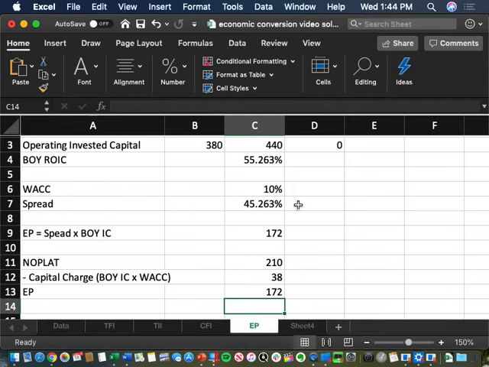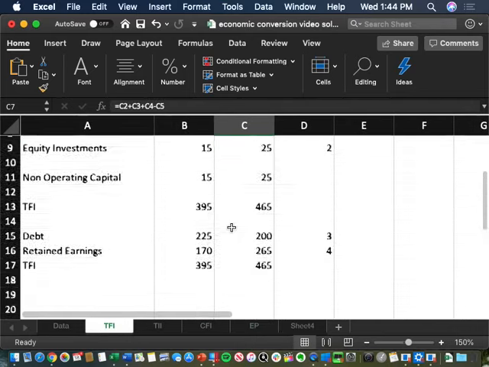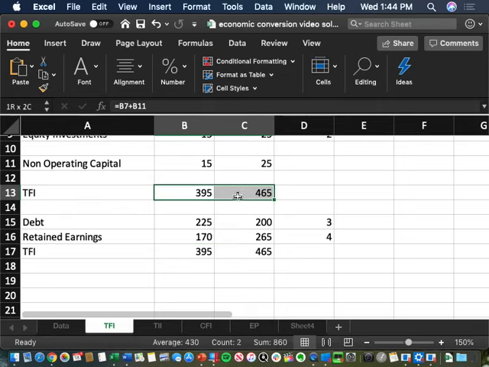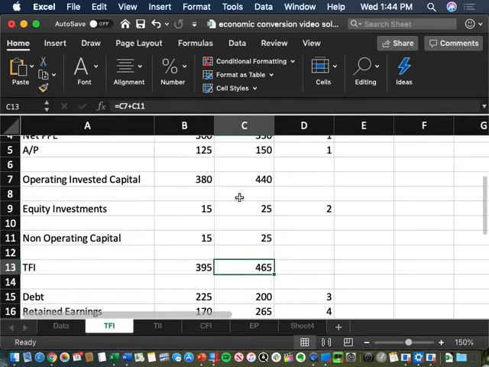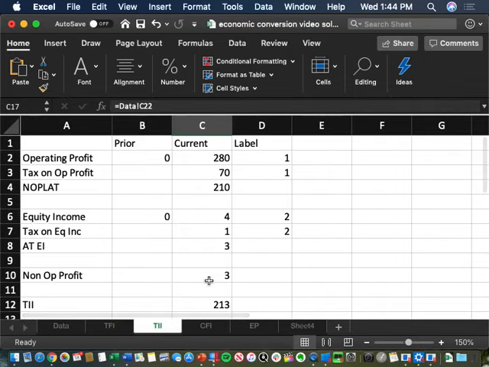These are the 4 statements that you have to create. These start with TFI or TII. These are the balancing. This is what's going to be checked. Do your TFIs balance? Do you have the right operating invested capital? Do your TIIs balance? Do you have the right NOPLAT?